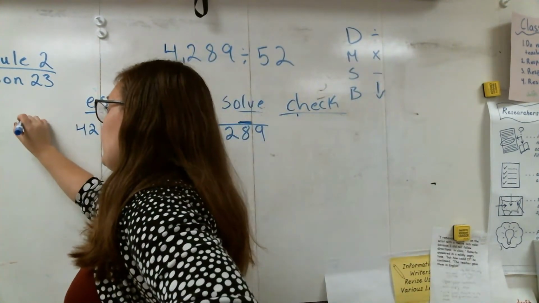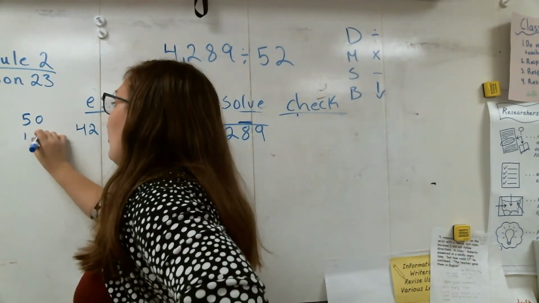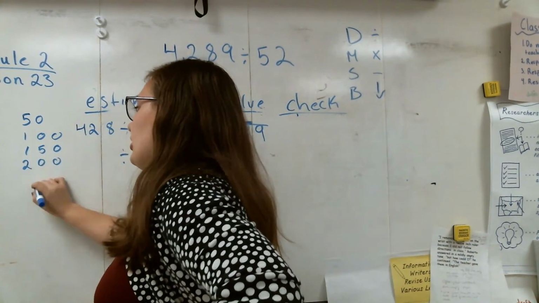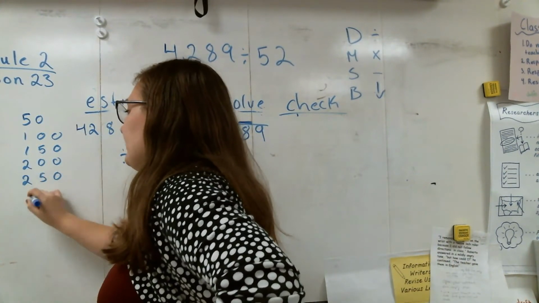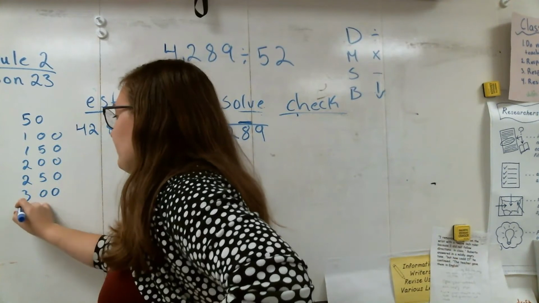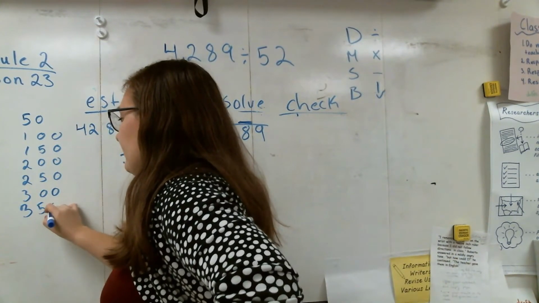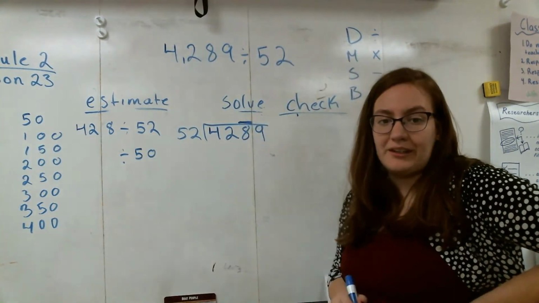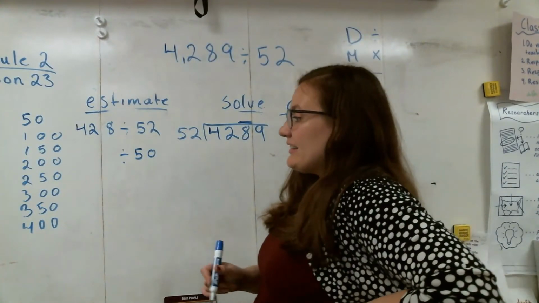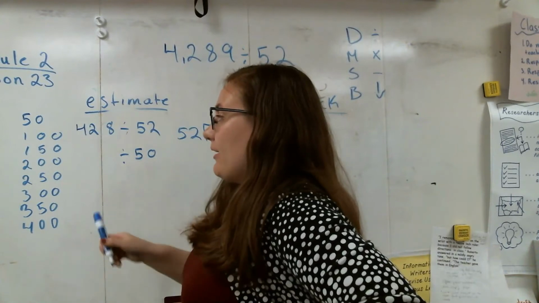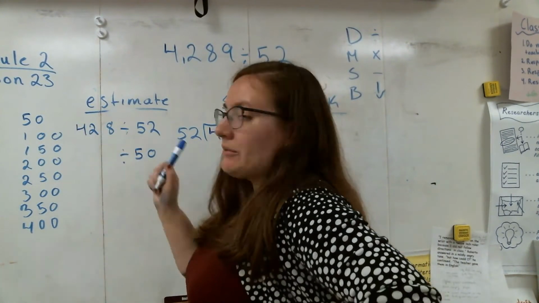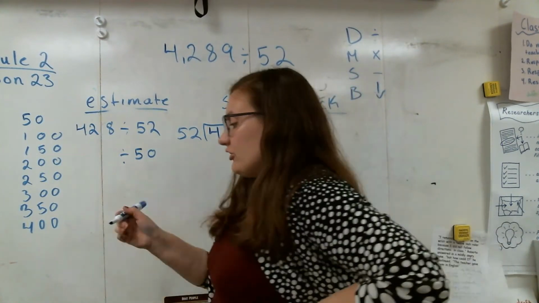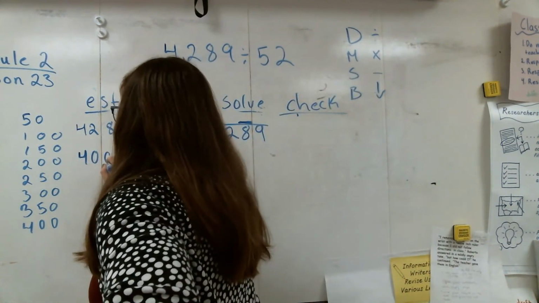So I list out my multiples of 50: 50, 100, 150, 200, 250, 300, 350, and 400. Usually I don't like to go over, so I'm going to stop right there. And when I look at these numbers, I think about which one is as close as I'm going to get to 428. That number would be 400. So I write 400 right here.